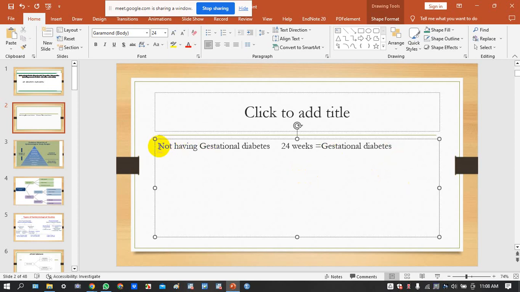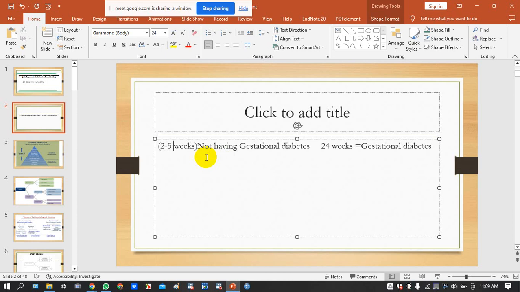So at enrollment, that's the first week when she enters, maybe within week 2 to 5, when she enrolled in the study, she didn't have any diabetes.